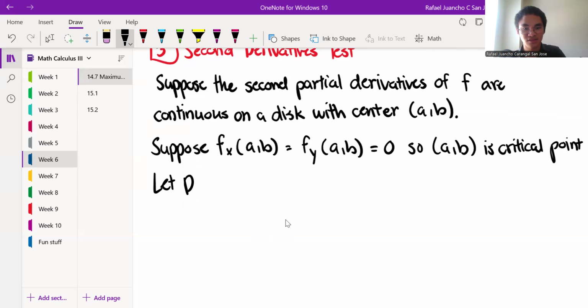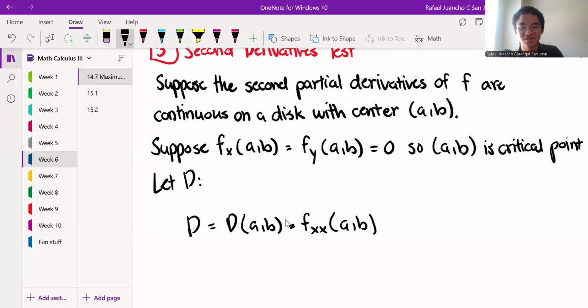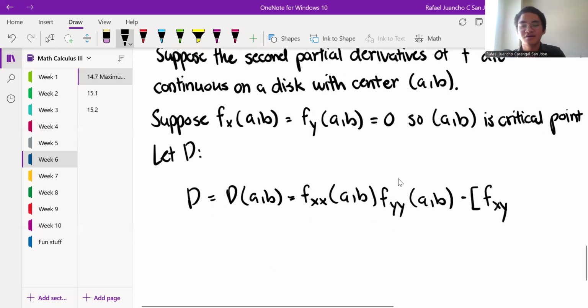Now we let D be the second derivative determinant at (a, b). So D equals fxx, taking the derivative twice with respect to x, multiplied by fyy, and then we subtract fxy squared, where fxy is the same as fyx because of Clairaut's theorem, right?